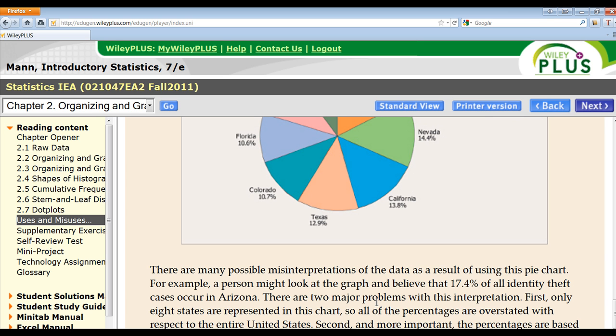First, only 8 states are represented in this chart, so all the percentages are overstated with respect to the entire United States. That's one part of the pie chart rule: you have to include all possible sources of the data.